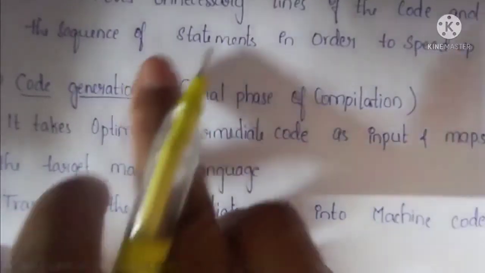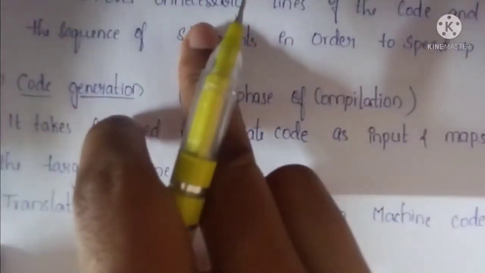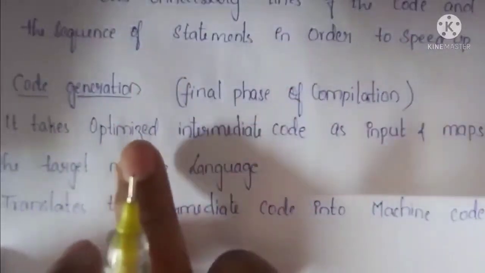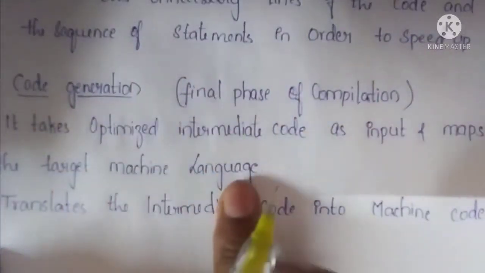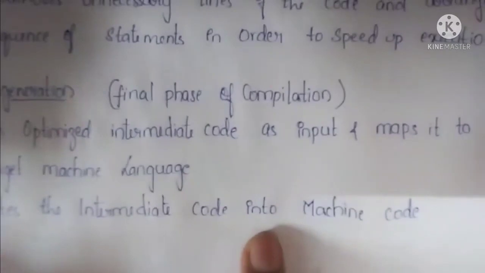The unnecessary steps we reduced in the last step will act as an input to the code generator, and it will produce the machine language. It translates the intermediate code into machine code.